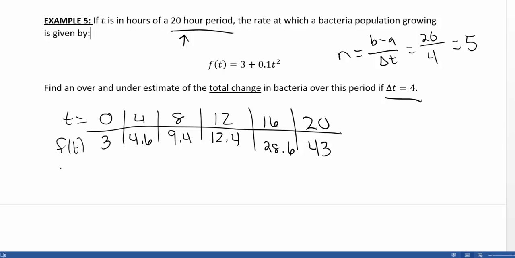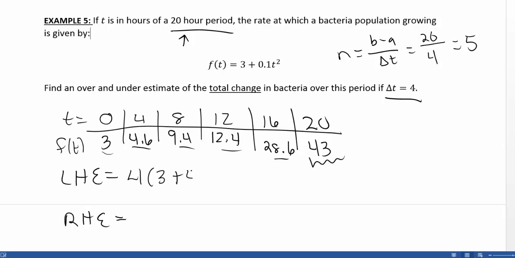Now that we have our table, we can find a left-hand estimate and a right-hand estimate and use that to find our over and under estimate. So the left-hand estimate, remember we're going to use every single rate except for the rightmost. So we're not going to use 43. So I'm going to do a little algebra trick here. And since I know that every single rate will be multiplied by 4, because these are 4 units each, I'm going to pull the 4 out front.